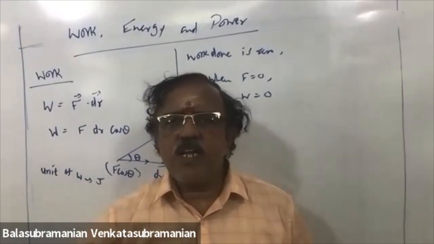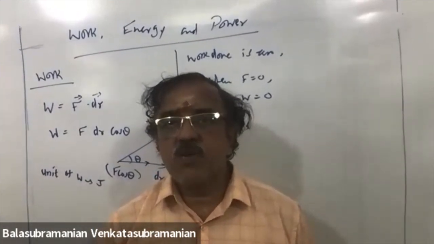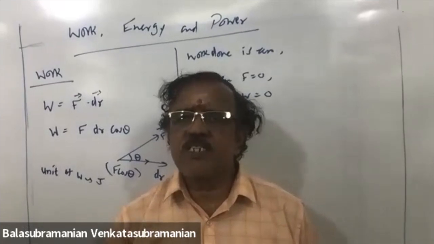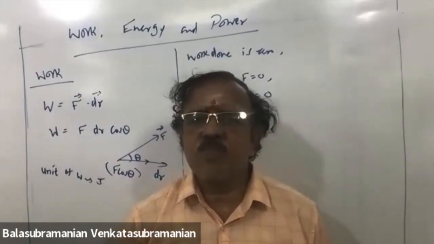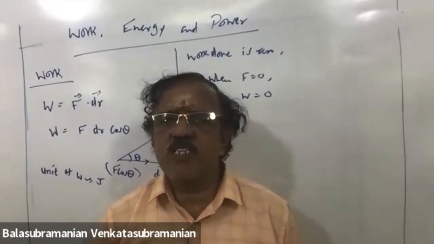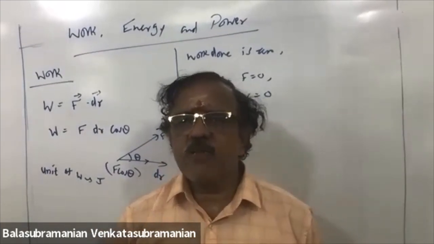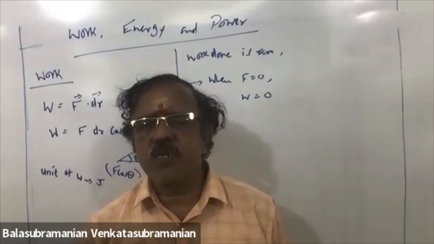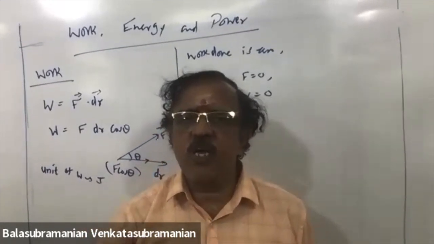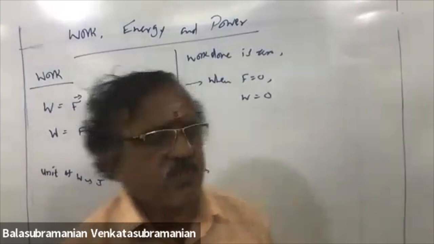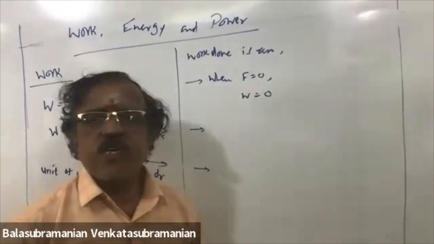The body will continue to move without applying any force. Initial force is applied to displace, after that it will continue to move because there is no frictional force. The body comes to rest only if there is a frictional force. If there is no frictional force, the body continues to move. So that is called F is equal to 0.